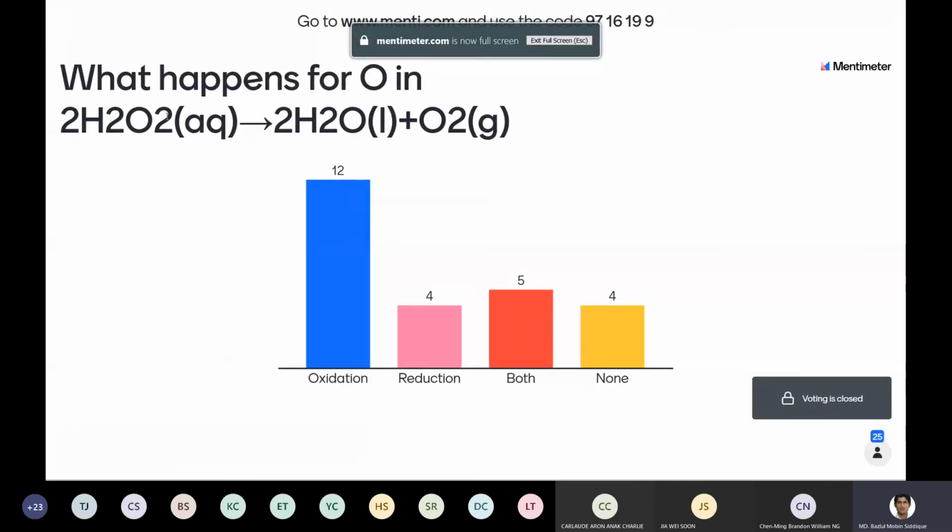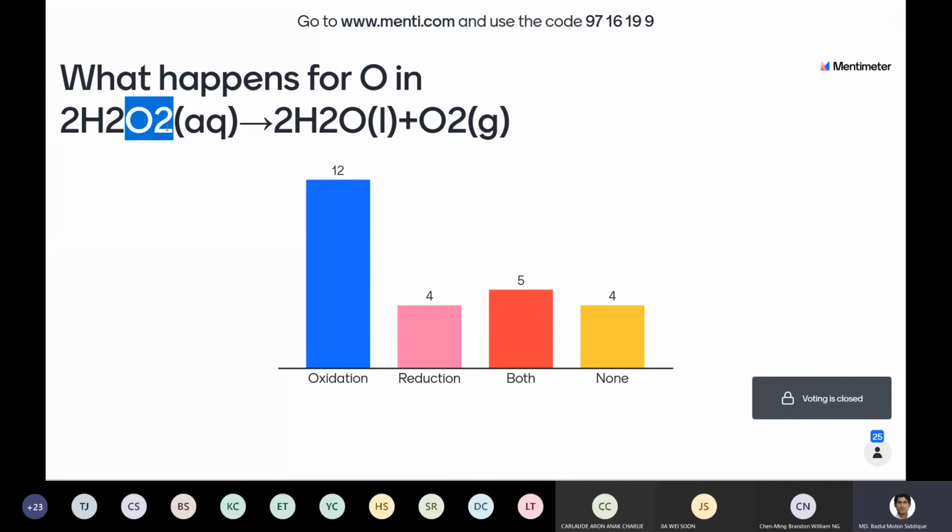Okay, so here you see this oxygen, what is the oxidation state for this? The oxidation state for this oxygen is -1, because hydrogen peroxide, H2O2, we always know the oxygen has -1.